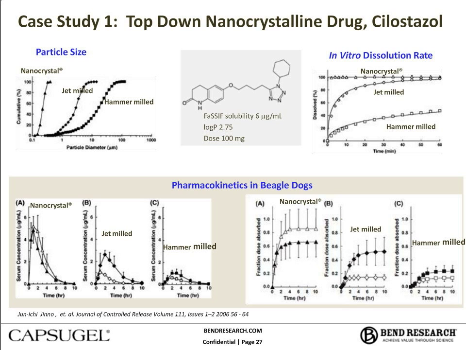And then they showed progressively increasing oral bioavailability as the crystal size gets smaller. So if you go back to our maximum absorbable dose calculation we were talking about earlier, the increase in absorption in going from the hammer milled to the jet milled material makes a lot of sense based on overcoming dissolution rate limitations in absorption.